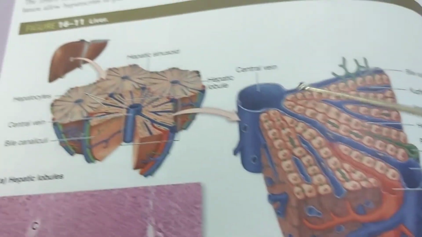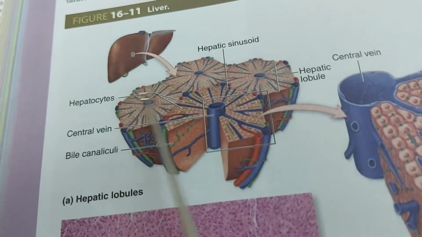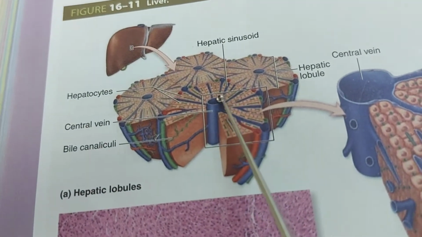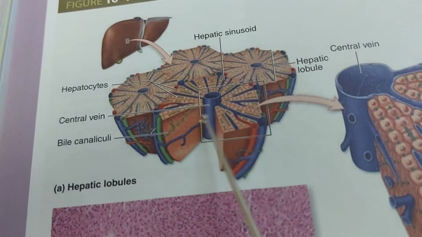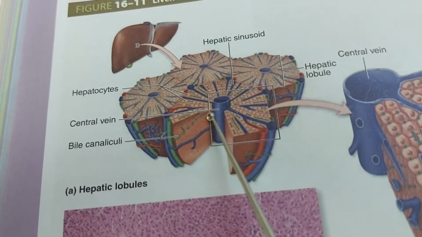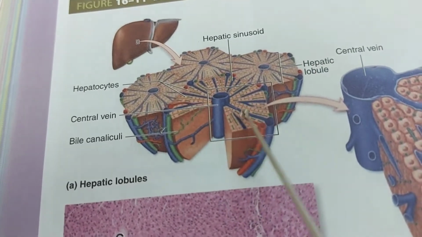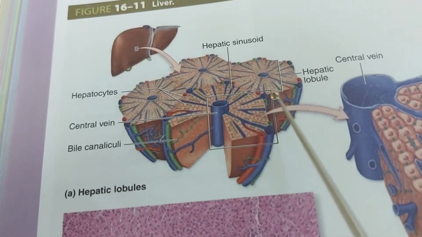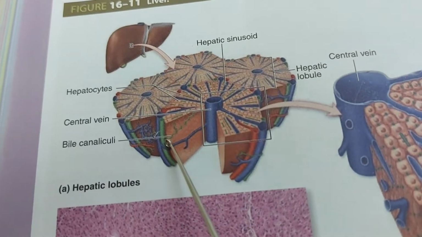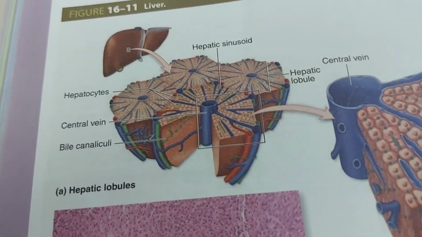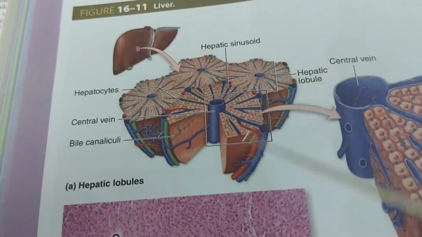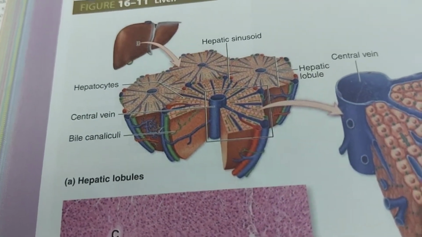So this liver is composed of some sinusoids. These venous systems are the sinusoids, and some parenchyma and some stroma. Now the development of these three parts of the liver is from different sources.